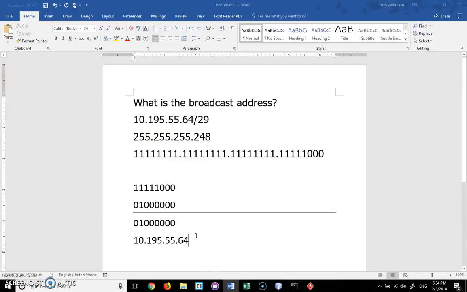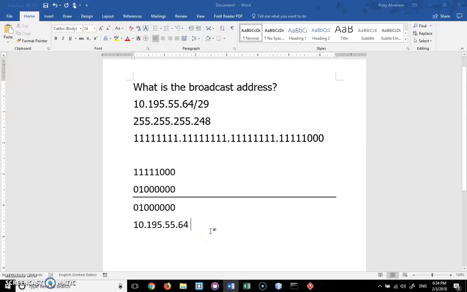And then we need to find the next possible address, because if you guys see right here, we have 5 bits for the last number right here.